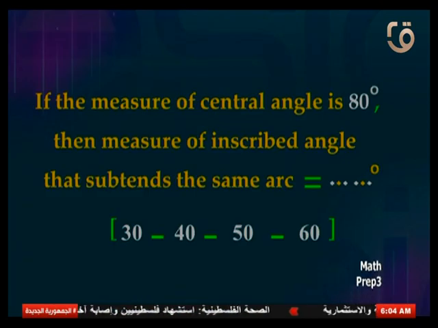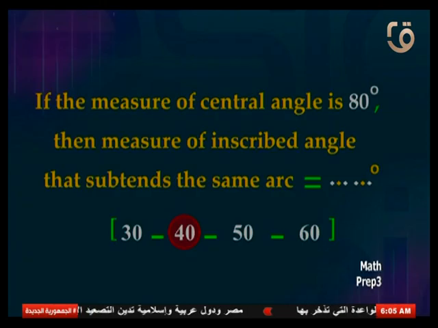That's correct. The inscribed angle is half the measure of the central angle. And as the central angle is 80 degrees, so what about the measure of the inscribed angle? That's correct. It is half of its measure. So half 80 degrees will obtain a result as 40 degrees. Then the choice will be the second one.